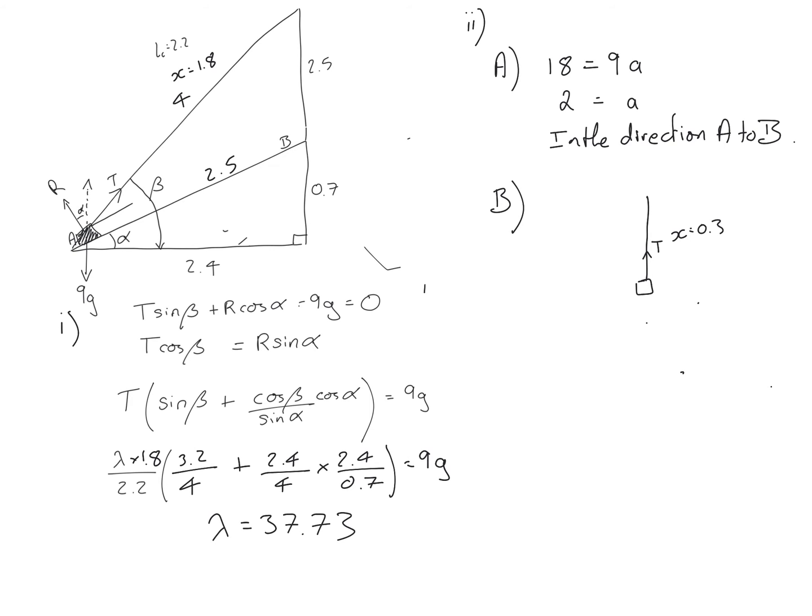And so this is B. But there is still a force being provided in this direction, which is 18 newtons, and that is at an angle of alpha to the horizontal because it's parallel to the slope.